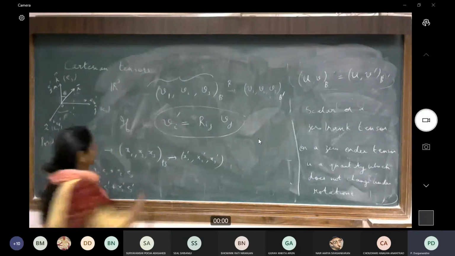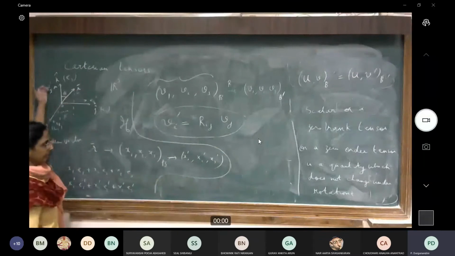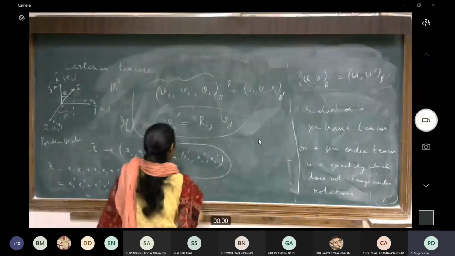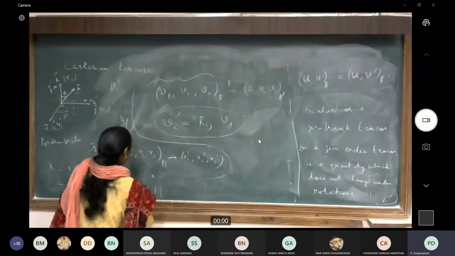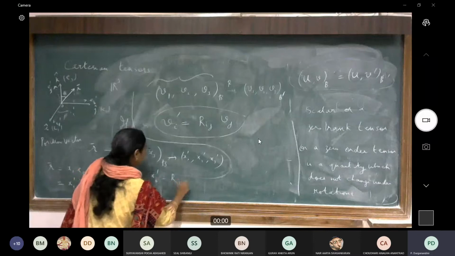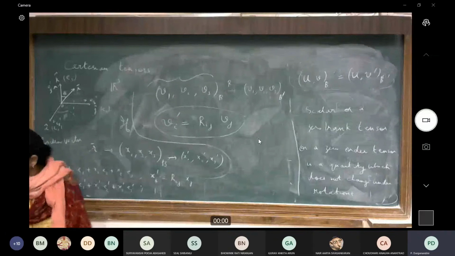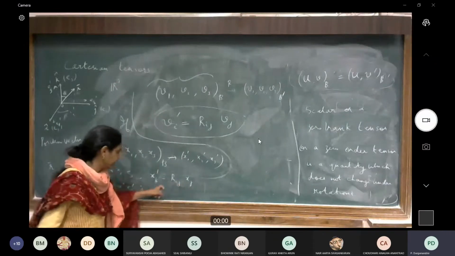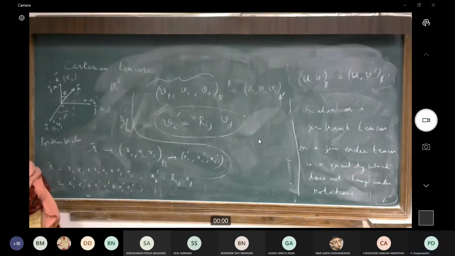And just as we saw earlier, after all, this is a vector in my R3, and we have already seen how this changes. So your xi prime equals Rij xj. Again, I've used the summation convention here.